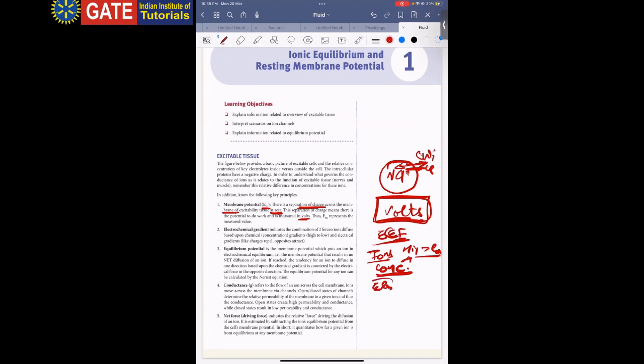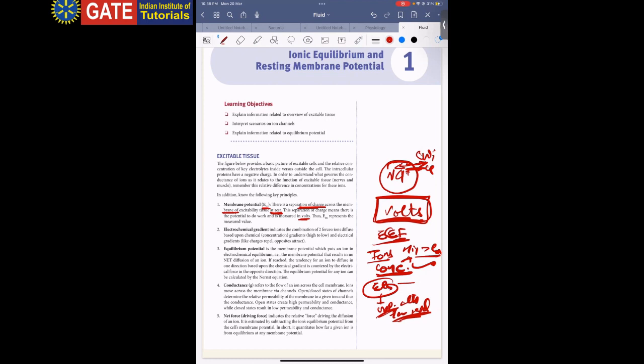So it depends upon the concentration of the ions as well as their charge. Opposite charges will attract and the same will repel. So electrochemical gradient is determined by two forces: first the concentration and second the electrical, that is the charge.